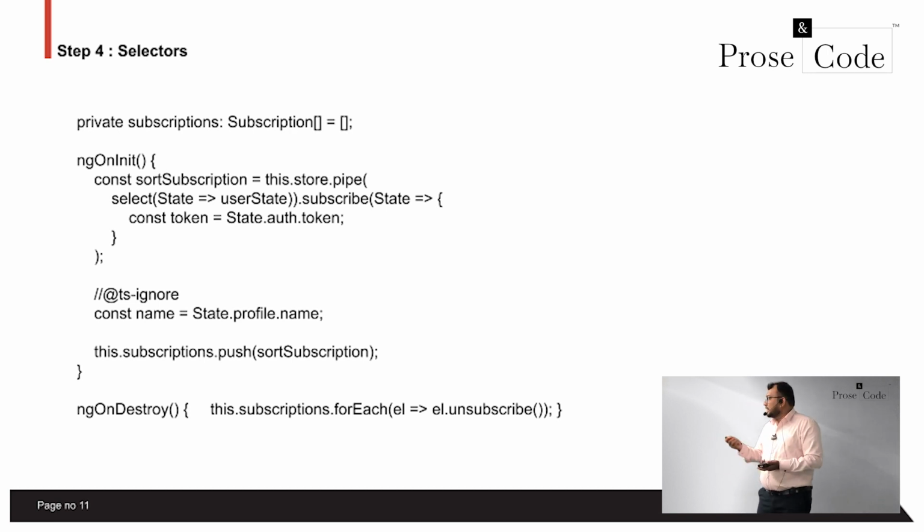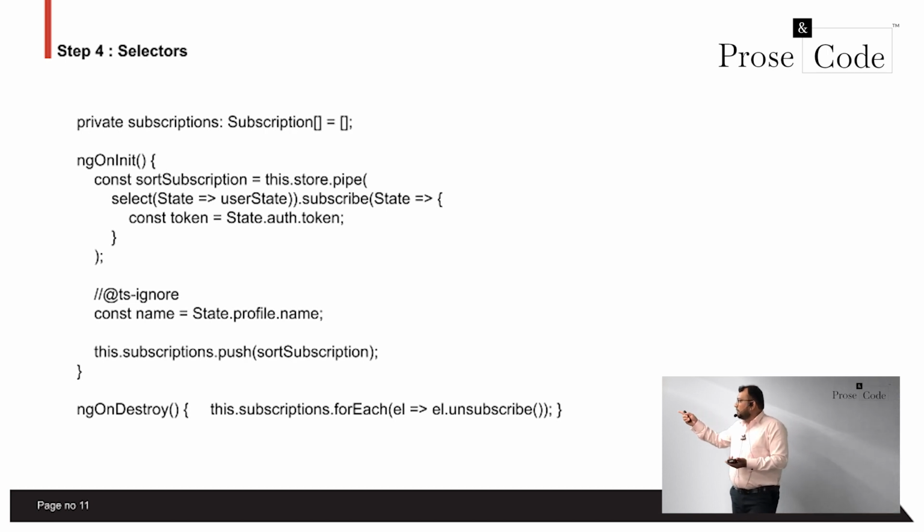So what I am doing here is subscribing to the store. Again, I have created the same reference, and I am subscribing to the store, and the store and state are one and the same in this case. Within this store I have the auth state, and we can have a number of states in a single application.